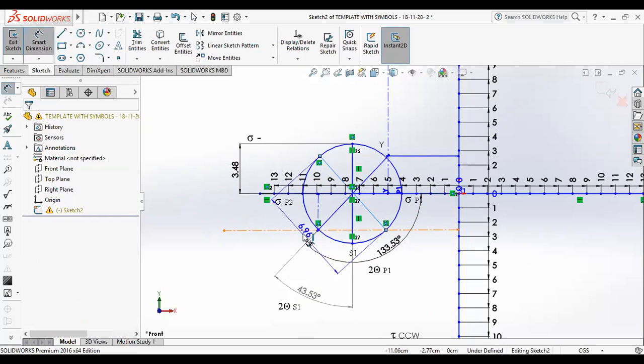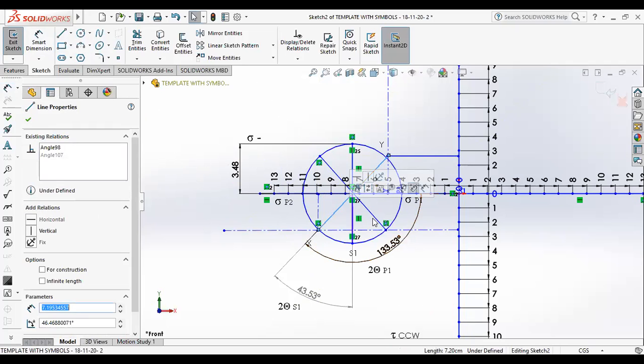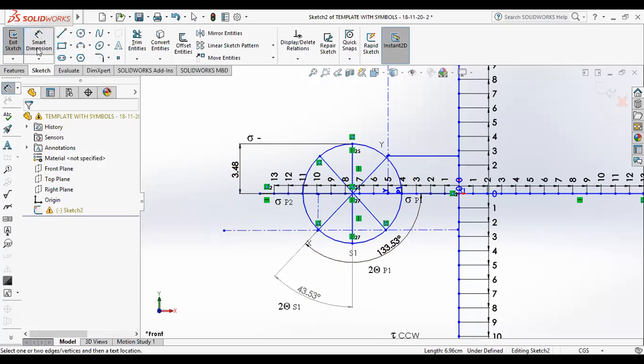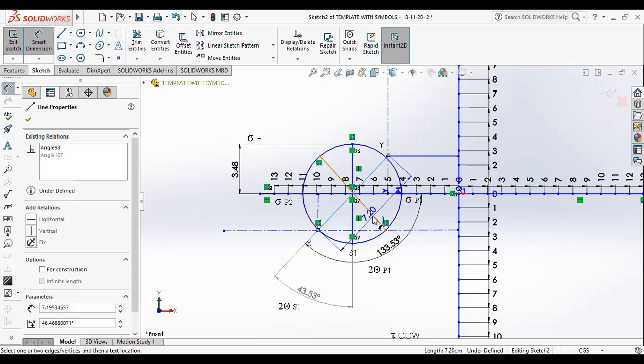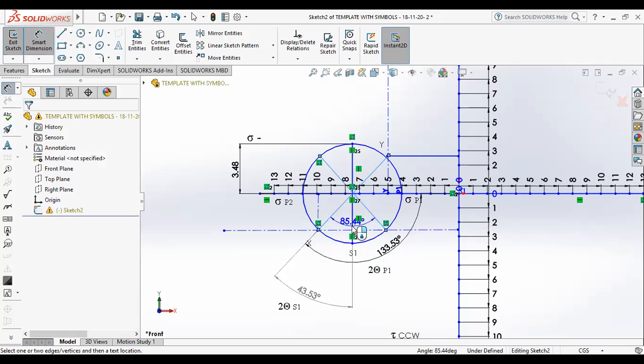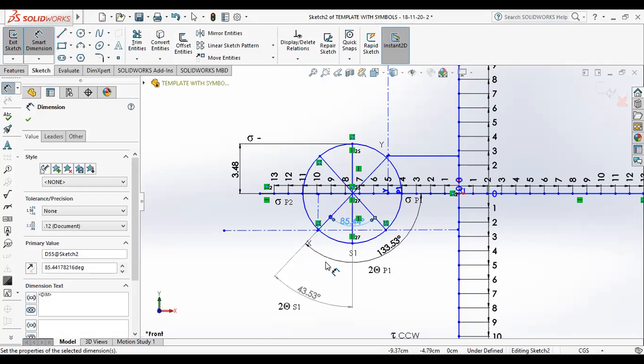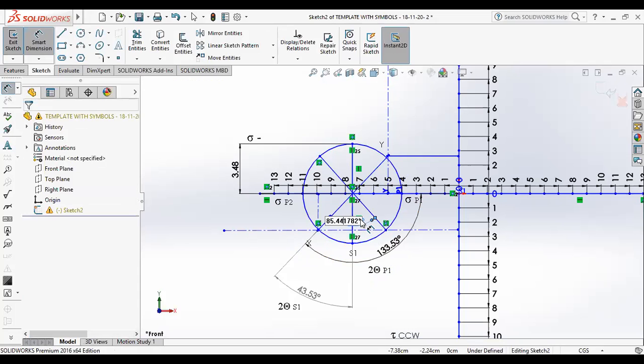From this line to this line, this is 85.4 degree. So I have to make it 60 degree. Sorry, this has to be 60 degree.